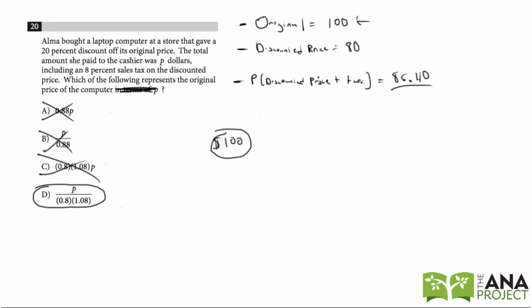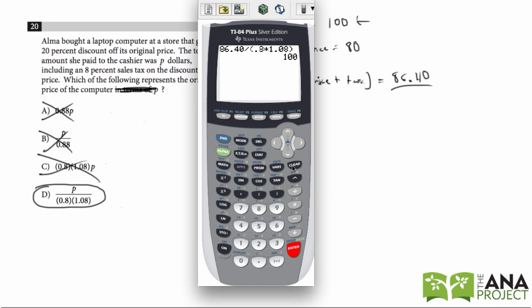The reason I say be careful is because a lot of students will do something like this. They'll take P, $86.40, and they'll divide by 0.8 times 1.08 without using the parentheses, and you won't get 100.